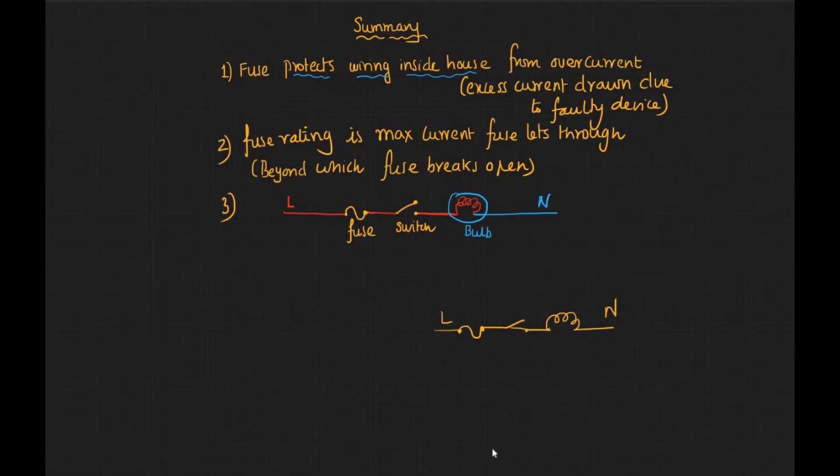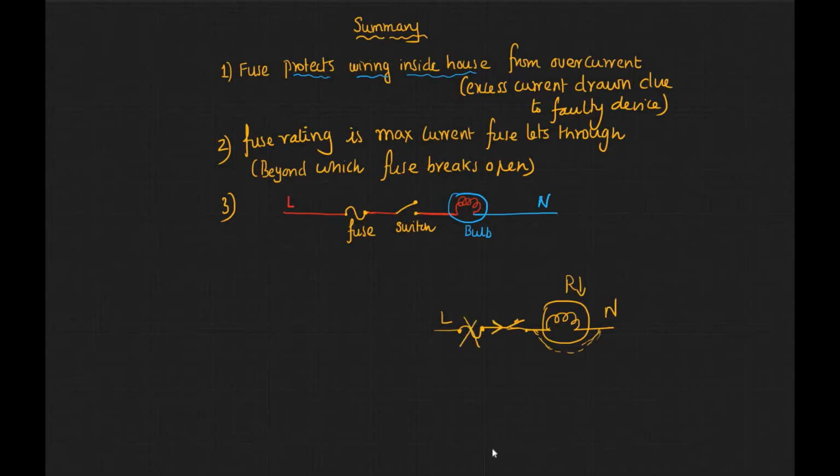Now when the switch is closed, the reason why you're drawing excess current in the very first place is because something wrong has happened on this device. That means that it got short circuited between live and neutral or something like that, which brought the resistance so low that it tries to pull a lot of current, right?